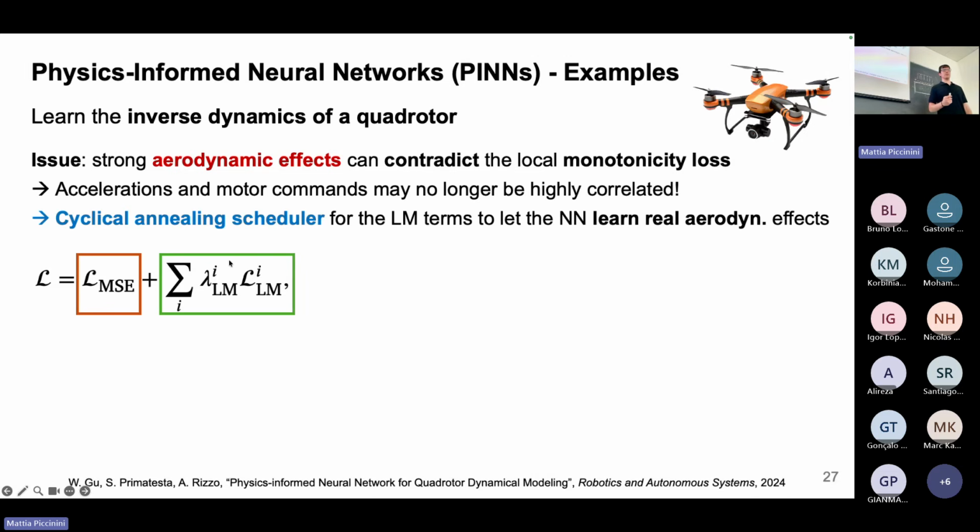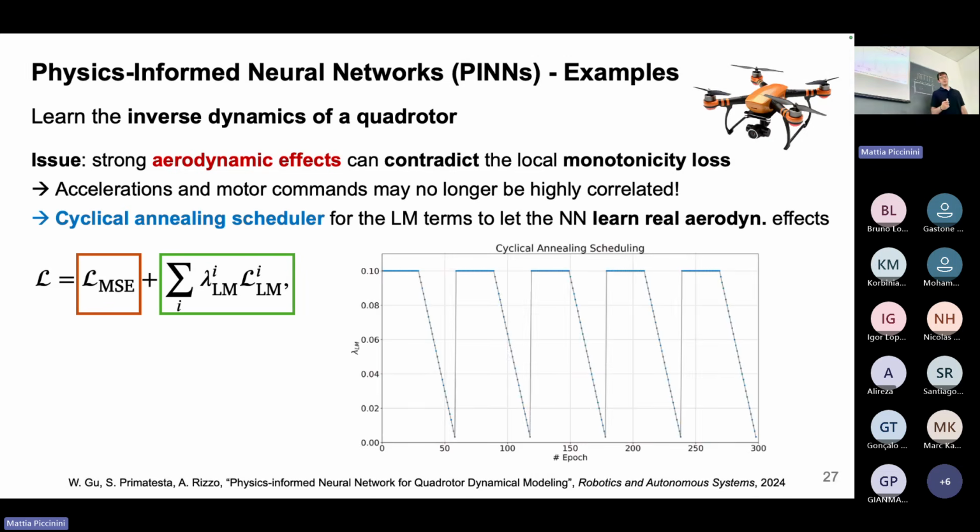And so what they said is, okay, we use that term, but sometimes we drive that term to zero. So we let the neural network learn the real aerodynamic effects. That local monotonicity term can help sometimes. But if you see, this is the number of training epochs.